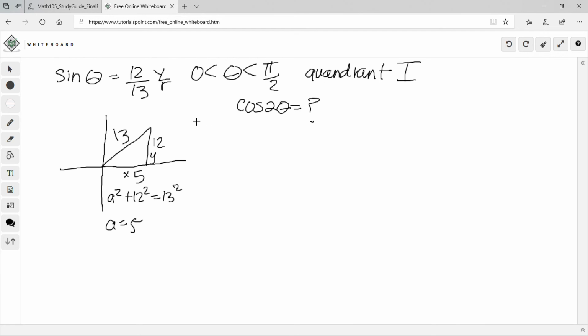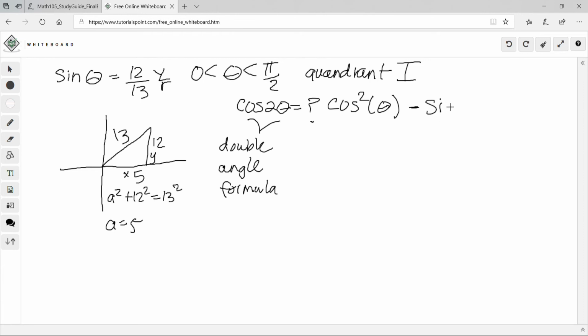So we're going to use what's called the double angle formula. The double angle formula is cosine squared theta minus sine squared theta. So let's find our cosine theta. Cosine theta is x over radius, so it's 5 over 13.